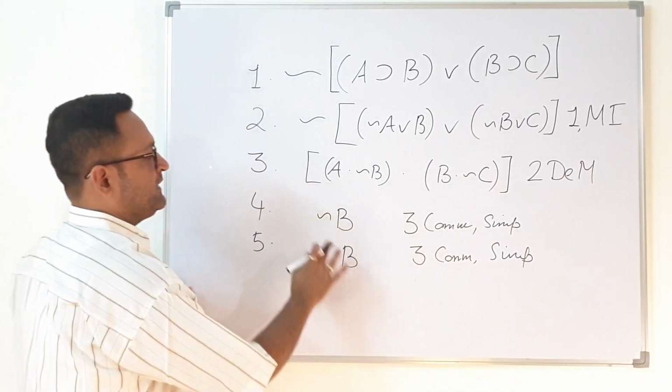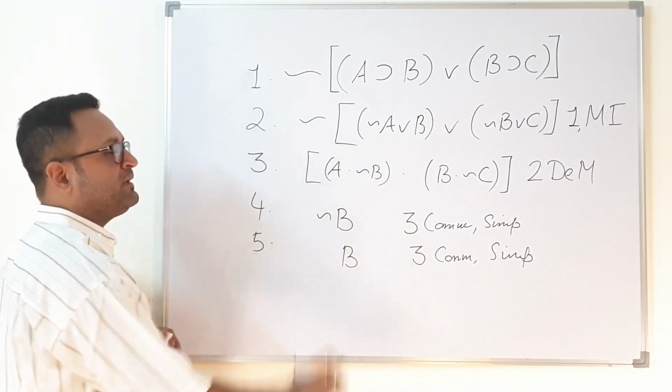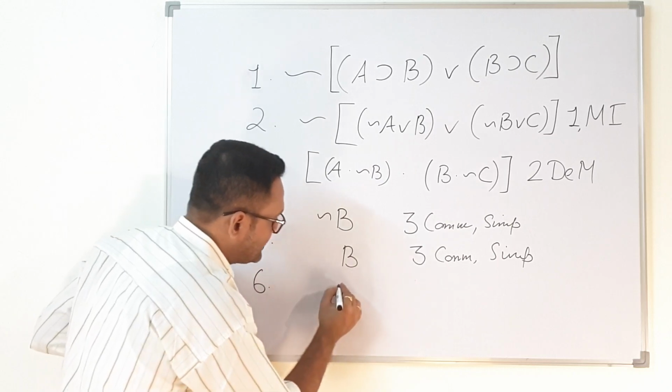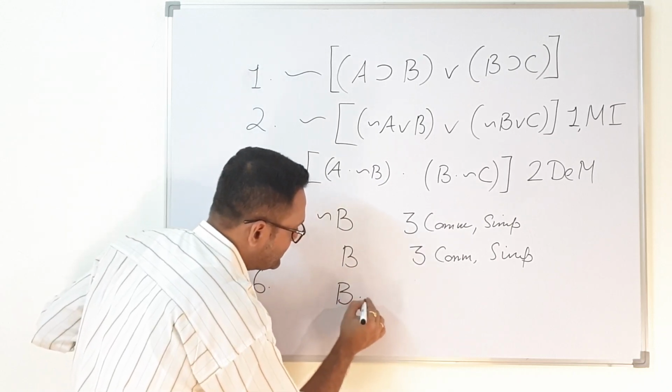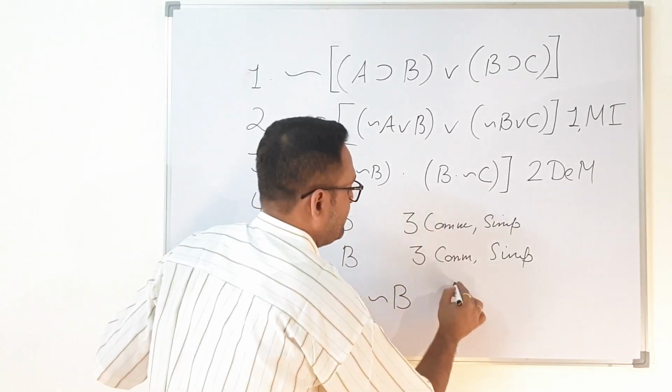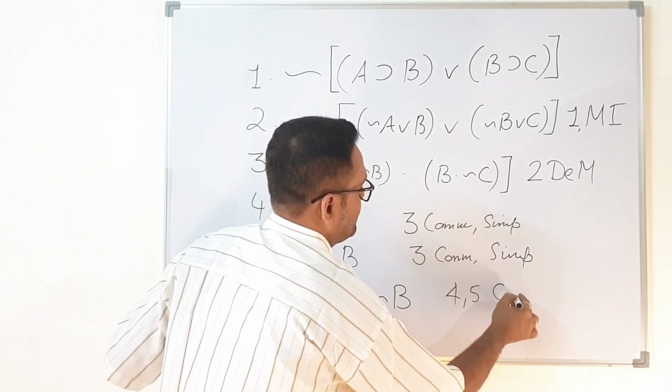So ultimately you get negation B, you get B, and this is a contradiction, right? So you can write now B dot negation B. This is 4-5 conjunction.